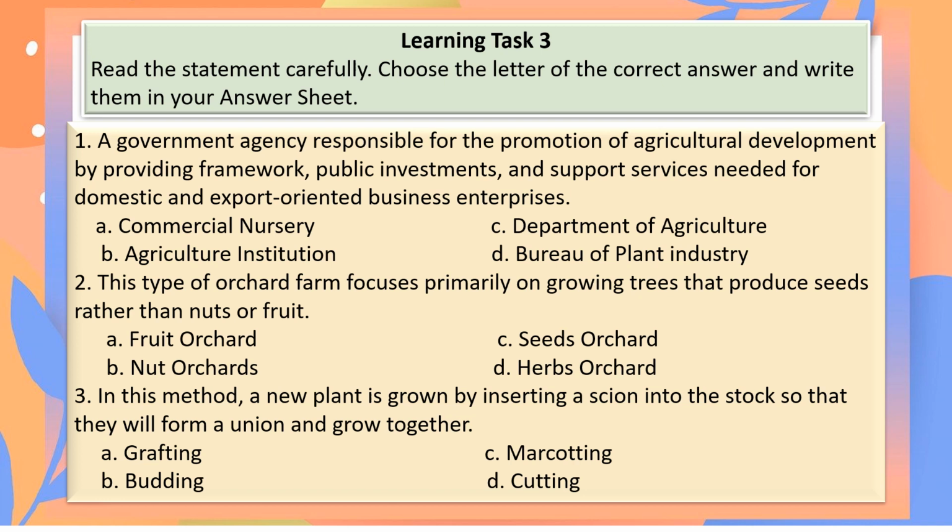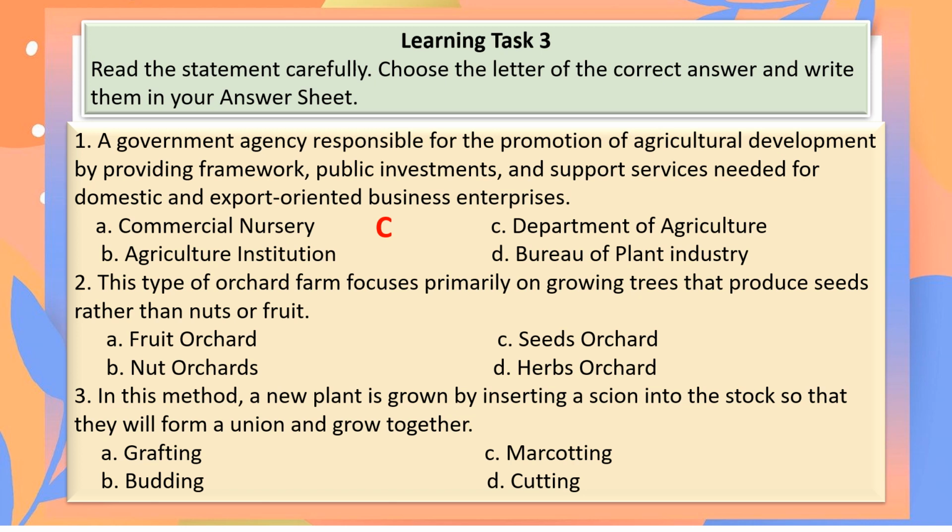So what is that? A, commercial nursery, B, agriculture institution, C, Department of Agriculture, or D, Bureau of Plant Industry. So what is the answer? Okay, Department of Agriculture.